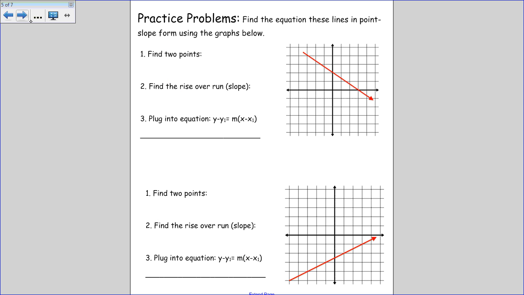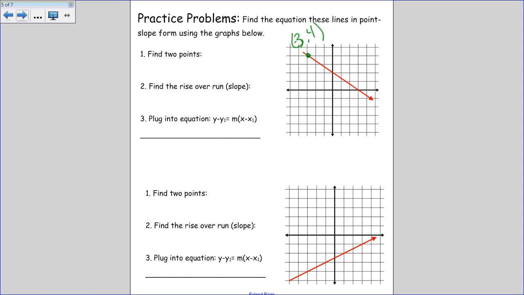Let's try some practice problems here, okay? So find the equation of these lines in point slope form. Remember, step 1 said find 2 points on our line. So I'm going to find a point, one up here at -3, comma 4. And I see another point.